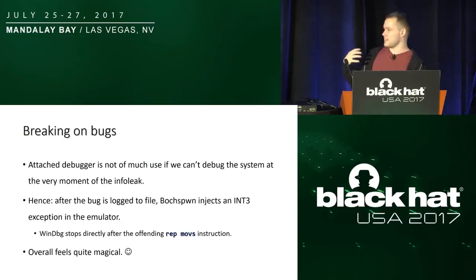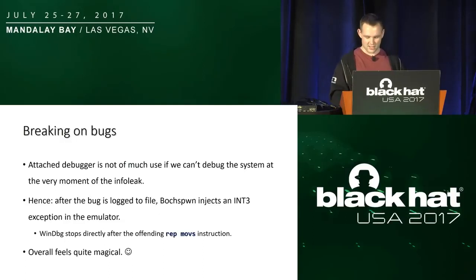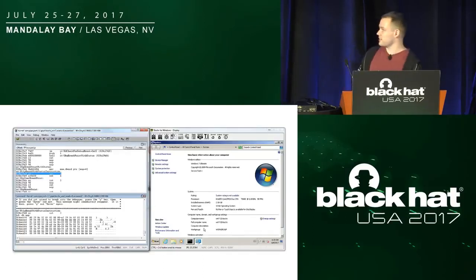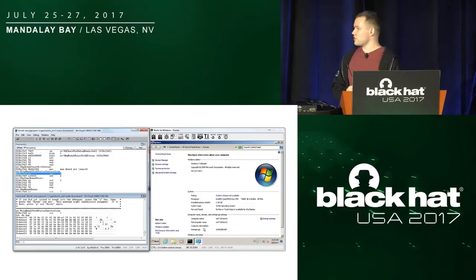So this lets us break into the debugger and see exactly what is going on and what memory is being copied to user mode and why. For me, at least, it feels quite magical that it all works, but it does. So here we have a screenshot of WinDbg attached to the Bochs guest.